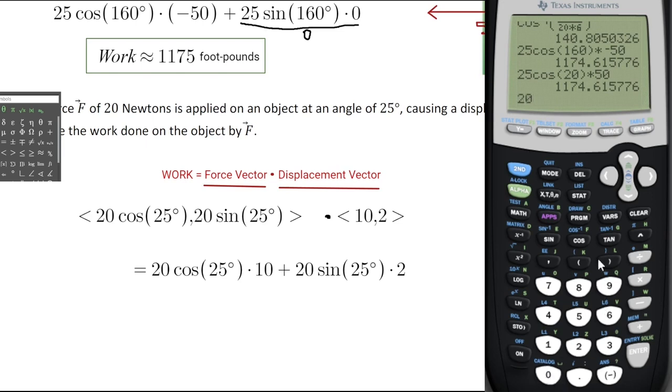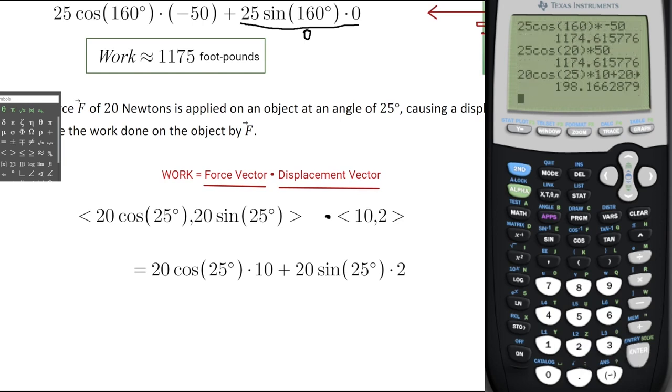We get 20 times the cosine of 25 degrees times 10, which is the change in displacement horizontally. And then we're going to say plus 20 newtons times the sine of 25 degrees times 2.